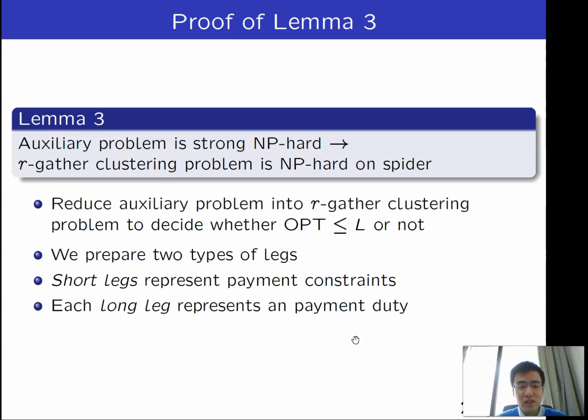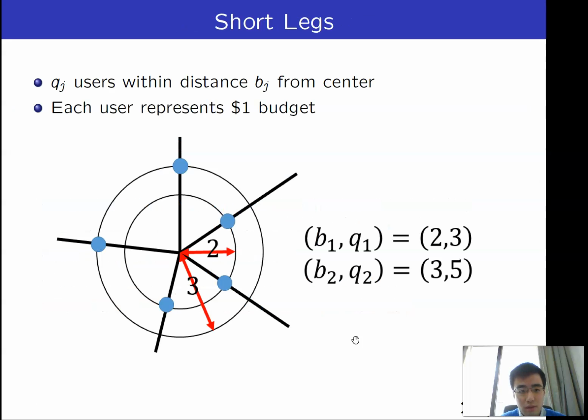First, we reduce the auxiliary problem into altogether clustering problem to decide whether optimal solution is at most L or not. To do this, we prepare two types of legs, short legs and long legs. Short legs represent the payment constraints, and each long leg represents a payment duty.